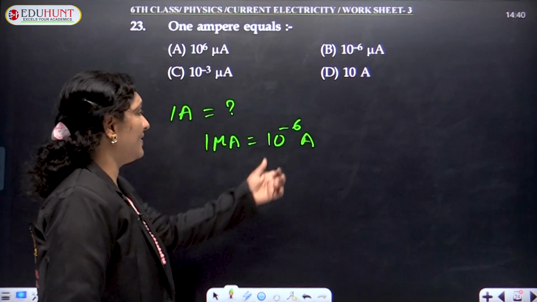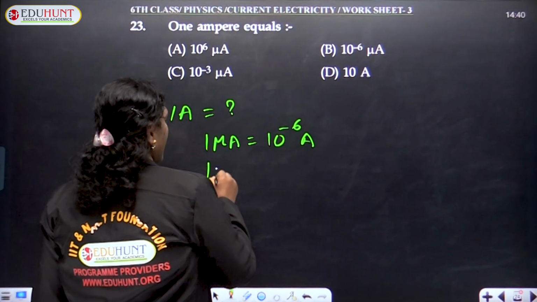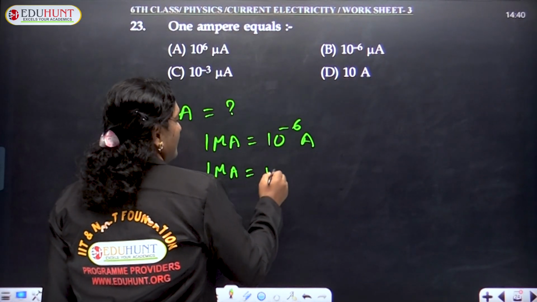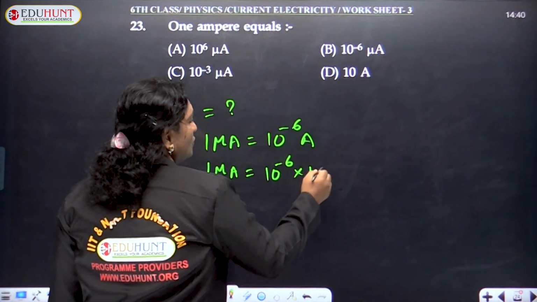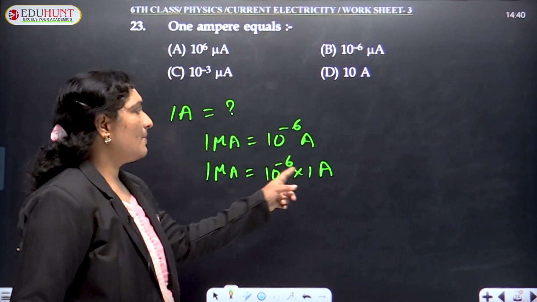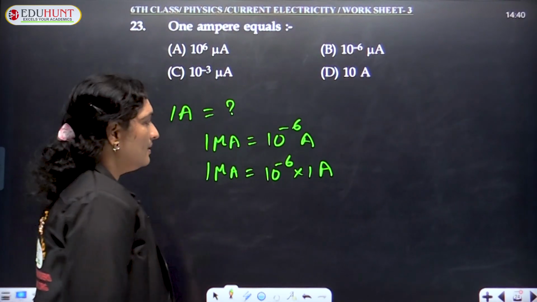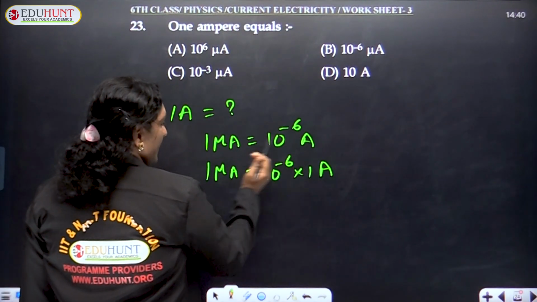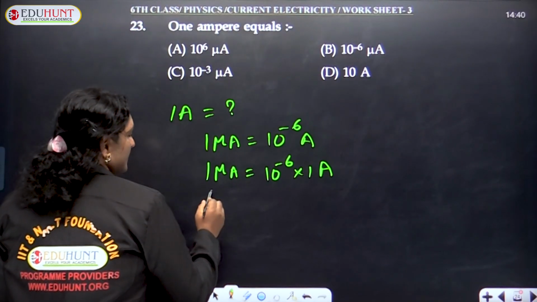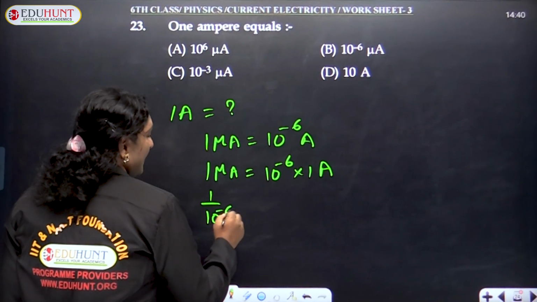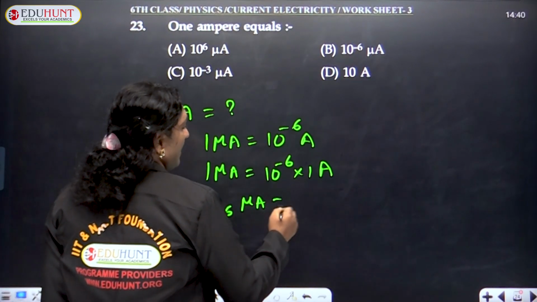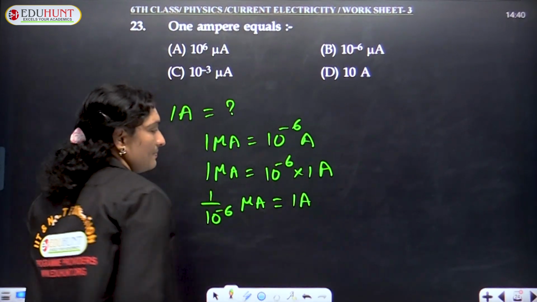If I would like to find out 1 ampere, may I write this, for your understanding, as 10 power minus 6 into 1 ampere. Keeping this 1 ampere here and bringing this 10 power minus 6 to the other side, we have 1 by 10 power minus 6 microamperes as the value of 1 ampere.